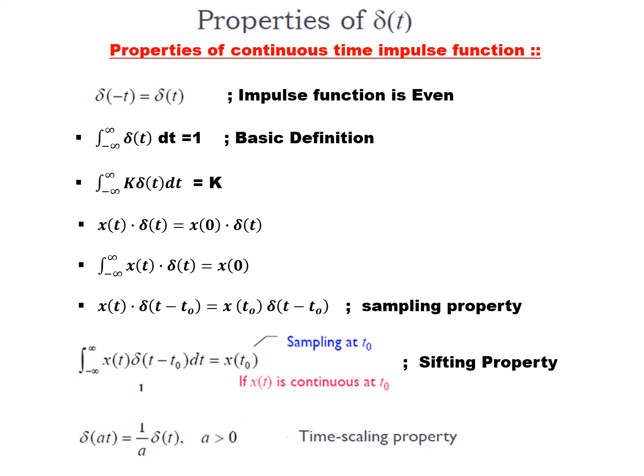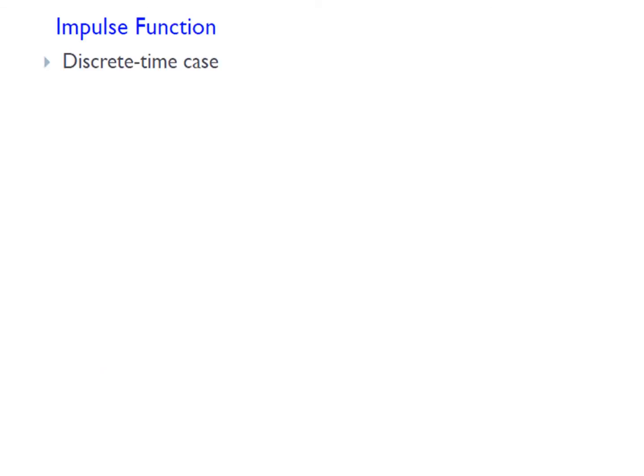Okay, now I discussed impulse in the continuous time form. Now let us see what a discrete time impulse is, how to define it and how it looks. A discrete time impulse is a straightforward phenomenon.